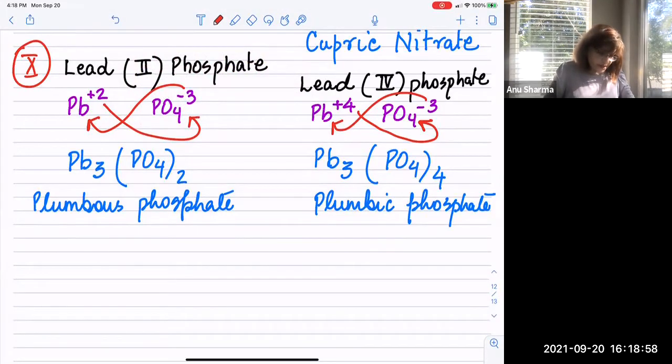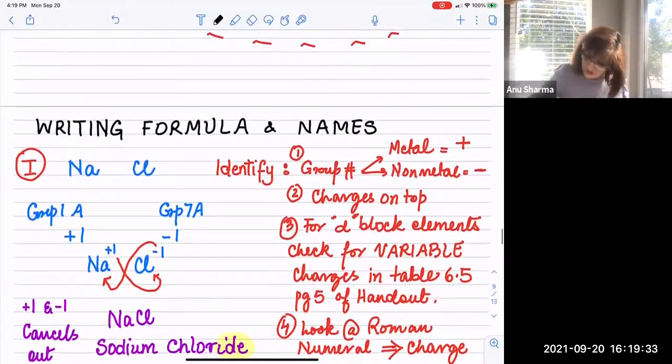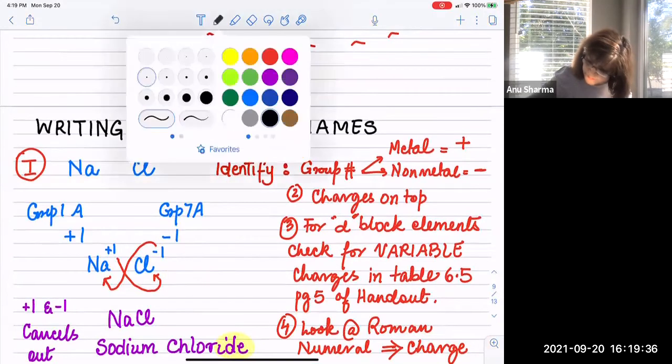We covered the naming which relates to the polyatomic ions and the ones with variable valence state.